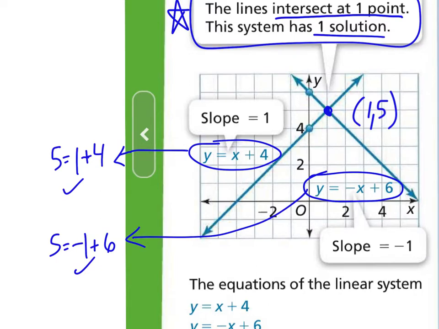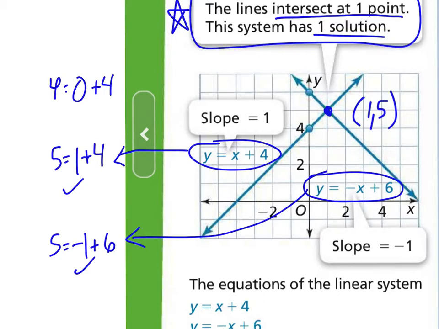That's the only coordinate that works for both equations. For example, in that first equation, we could have put in 0 for x and 4 for y. And that works for that equation.